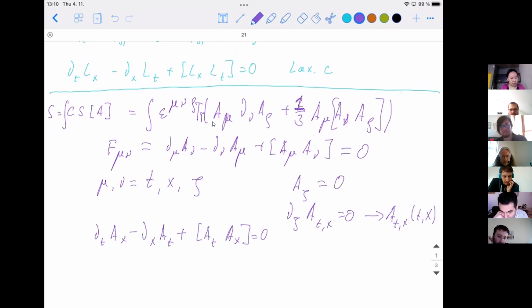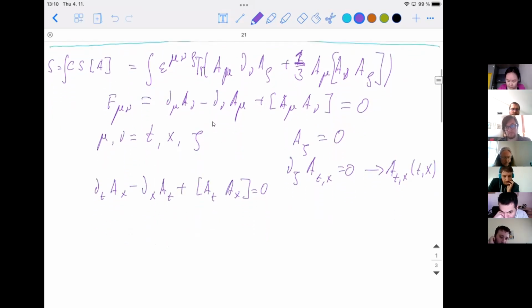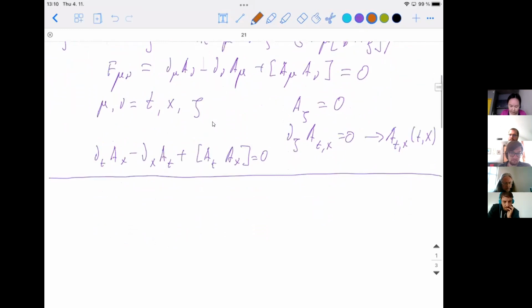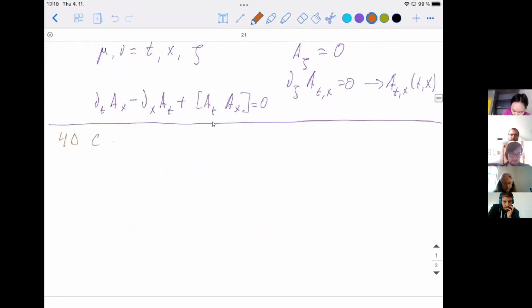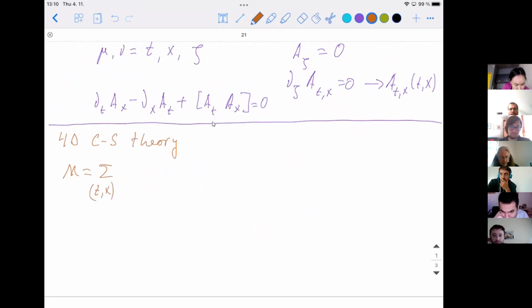So this is how the four-dimensional Chern-Simons action was introduced. The idea is that we take the manifold to be a two-dimensional manifold times CP1, which depends on zeta and zeta bar, where zeta bar is the complex conjugate of zeta.